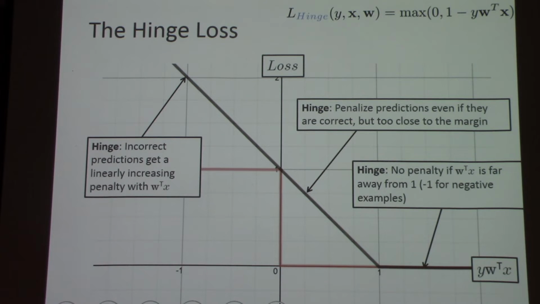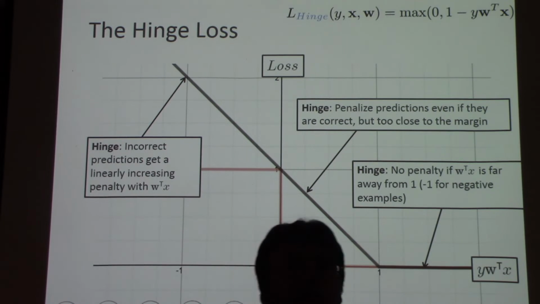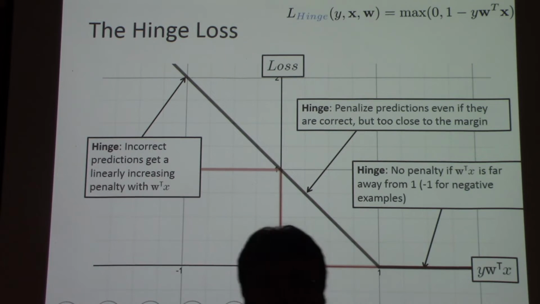The second regime is in this space here. If Y has the same sign as W transpose X, and that point is very close to the margin, so Y W transpose X is less than 1 and greater than 0, then that particular weight vector still pays a penalty. How much? It's linear.